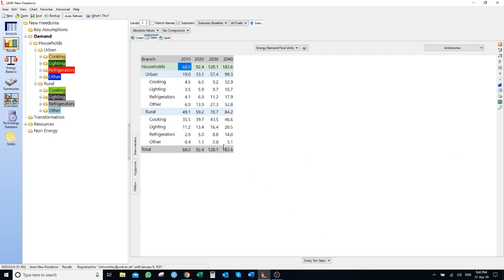And I can see that my total energy consumption is 183.6, exactly the same as in the exercise. So that suggests to me that we have entered the data correctly for the household sector. So we now have historical energy consumption for 2010 and a projection into the future for the household sector.